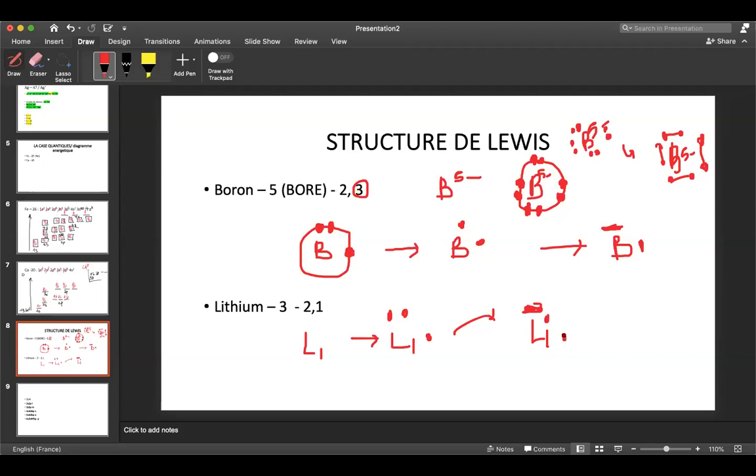Then this one here can be called a lone pair electron because it can be used for any other bonding. It can be used for any other interactions. Then if it forms an ion, that is if it gains some more electrons, that is it.